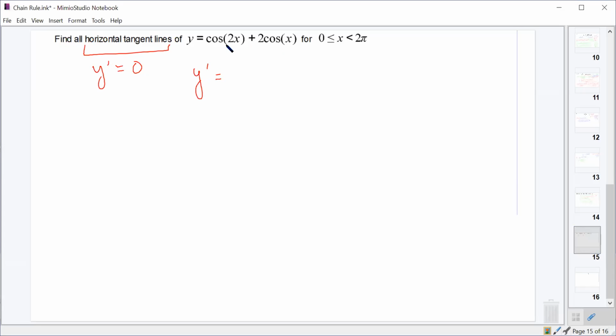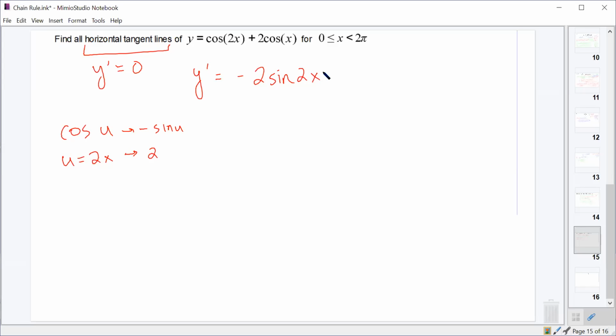And let's see, for cosine of 2x, that's the cosine of u, right? With u equal to 2x. So that should become negative sine u times 2, or negative 2 sine 2x. Everybody okay with that derivative?